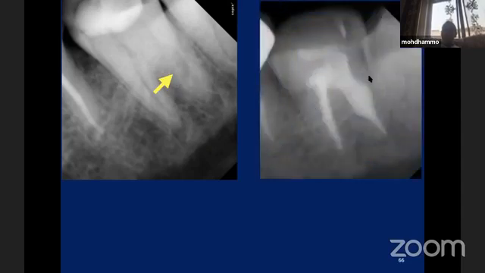So like here, we have internal resorption. The apical part is filled with downpack obturation, and for this part we will use the Guttapercha gun. With this technique, we can adequately fill the resorbed part of this canal.